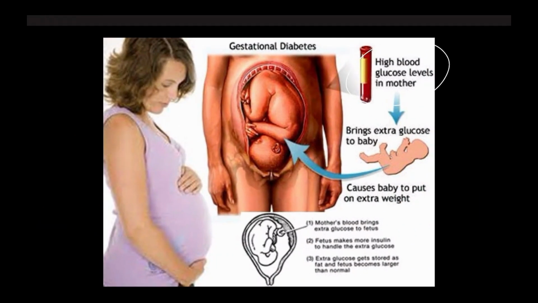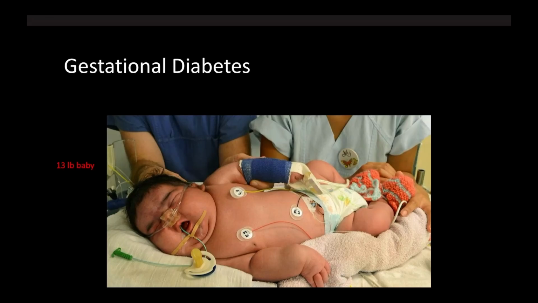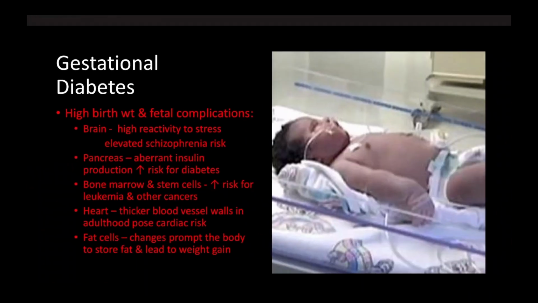Obviously, high blood glucose from the mother brings all that extra glucose to the baby, and the baby starts putting on extra weight, and that's how the babies get to be 13-pound babies. Big baby. So high birth weight, fetal complications, brain issues due to high reactivity to stress. Gestational diabetes has an elevated schizophrenia risk.